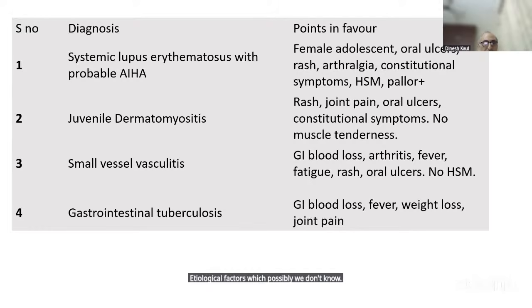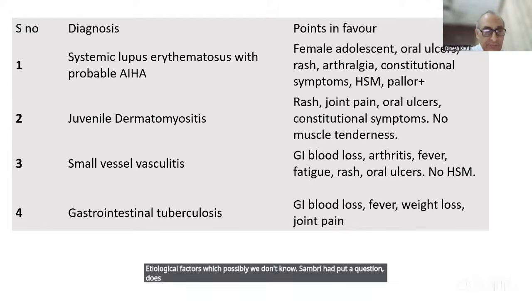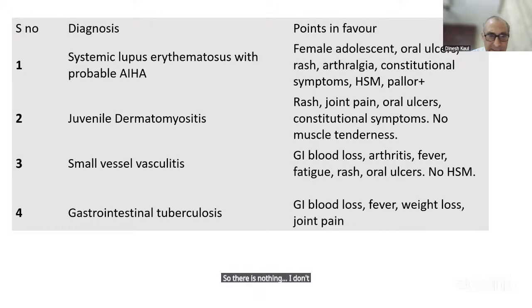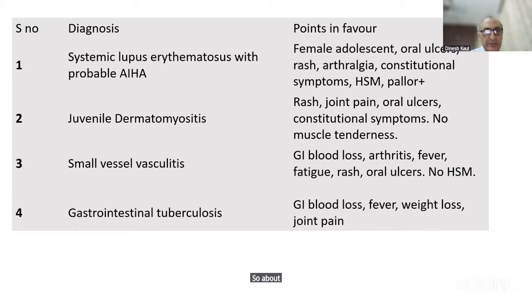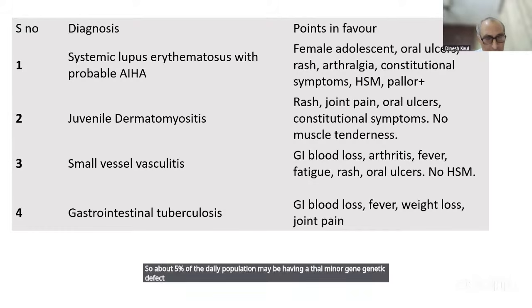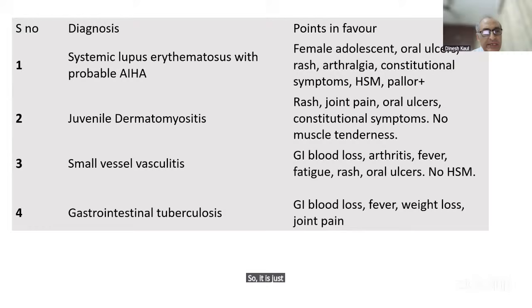Somebody had put a question: does thal minor have flushed hands? I don't really see that. Thal minor is more of a trait; normal individuals can be diagnosed with thalassemia minor. About 5% of the population may have a thal minor gene defect, found just because of routine screening.